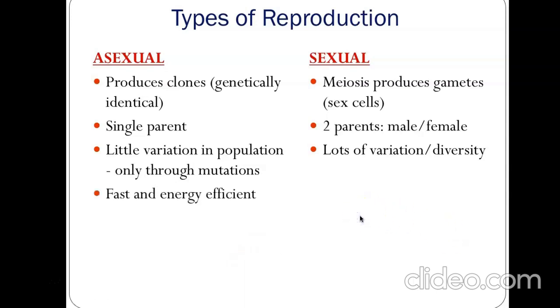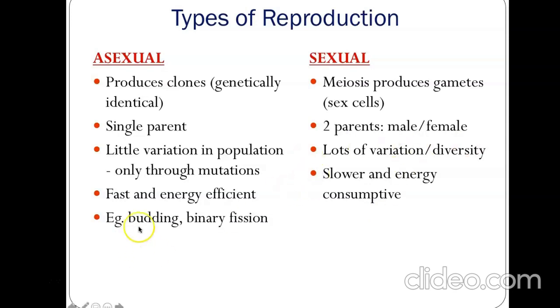The benefit of asexual reproduction is that it's fast and energy efficient. Sexual reproduction is slower and energy consumptive. An example would be budding. So budding is kind of like what the planaria do naturally. They twist a piece of their body part and break it off. Yeast do that. And another thing that we've already talked about is binary fission in bacteria as a form of asexual reproduction.